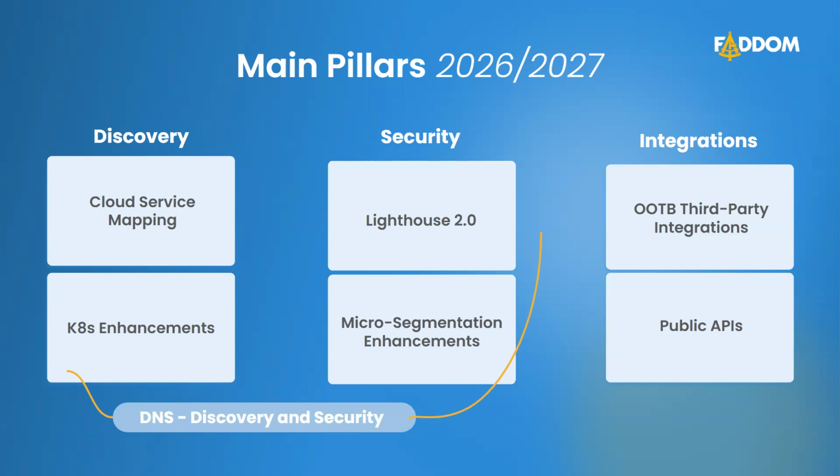Discovery is our core in Faddom. Every data source that is part of an application map, that is the fundamental layer for any other IT cyber security operation that can be done in one of Faddom's modules. So for the discovery piece, we do have a major focus on cloud service mapping.